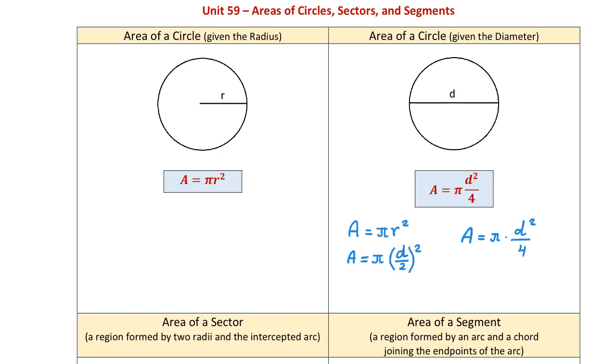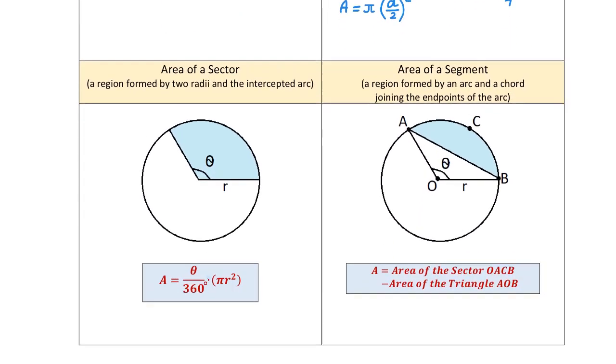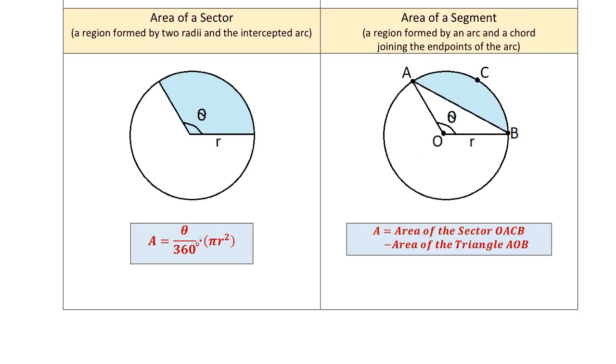Now let's talk about the area of a sector and the area of a segment. Recall that a sector is a region formed by two radii and the intercepted arc. The formula for the area of a sector is A equals theta divided by 360 degrees multiplied by pi r squared.